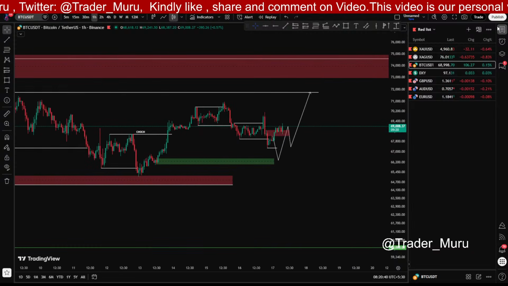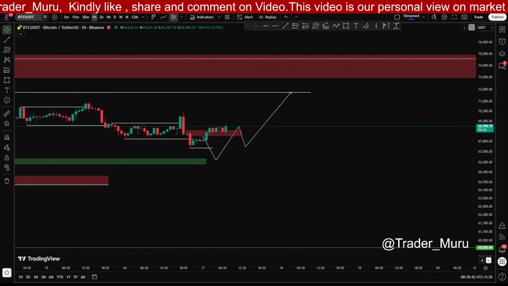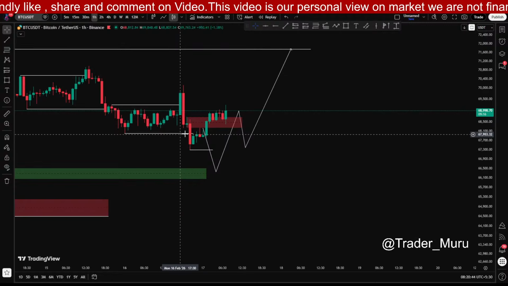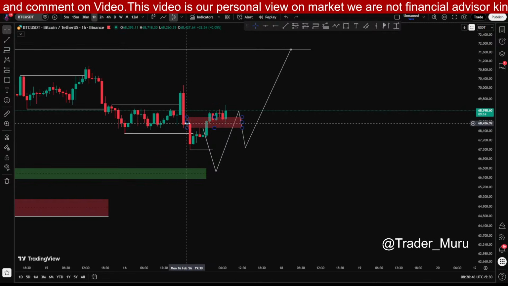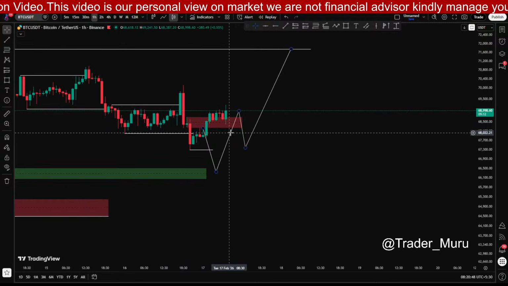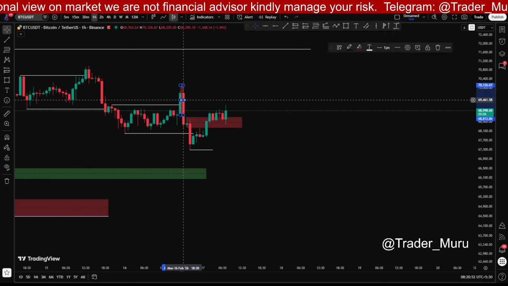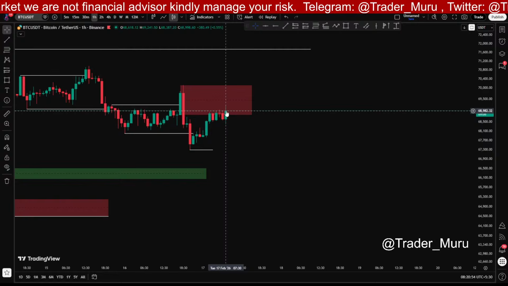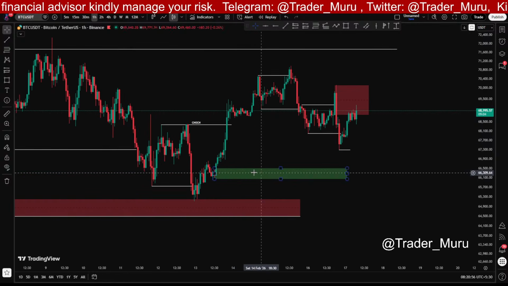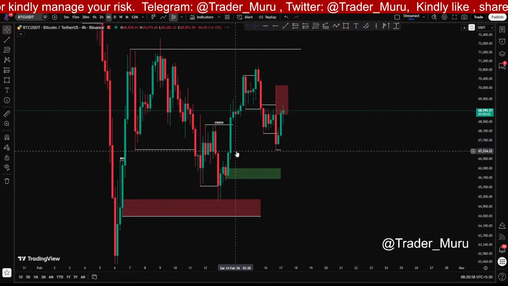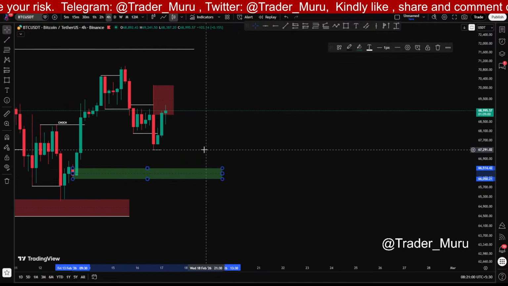BTC is forming a bearish structure here. The last breakout structure is this one. This area is already flipped, so I am expecting it to drop from this area here. If this area gets rejection, then price should test this one in the 4-hour time frame.